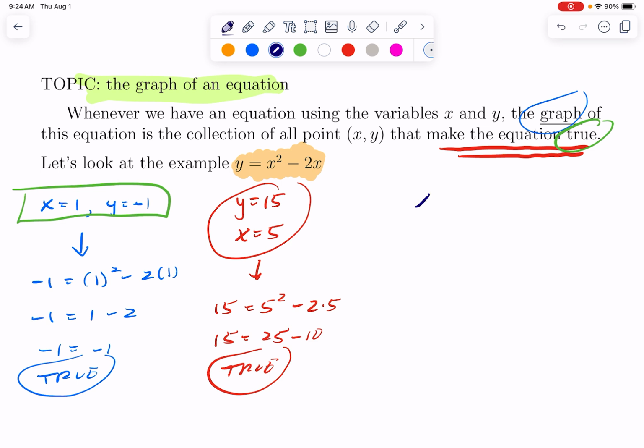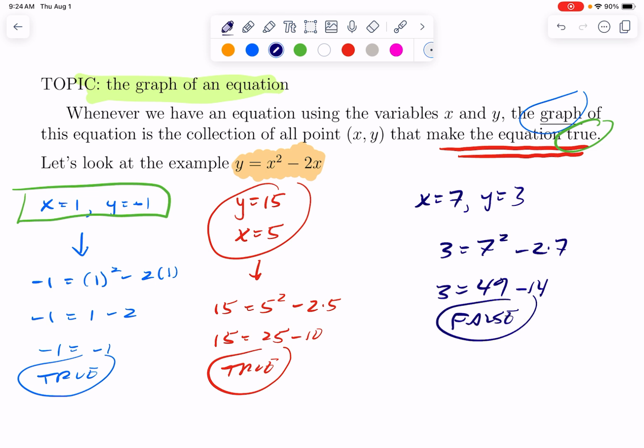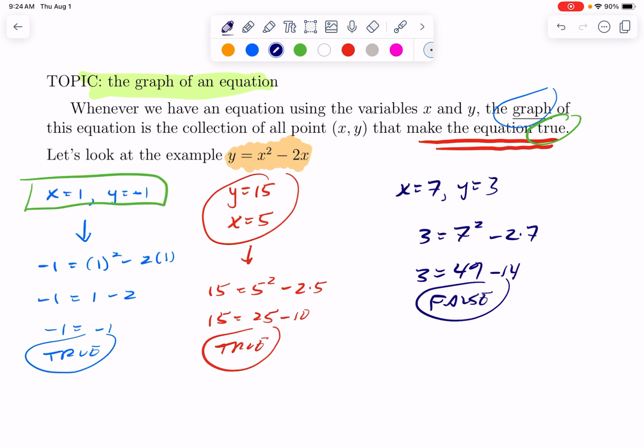What if we had x equals 7 and y equals 3? 3 equals 7 squared minus 2 times 7. 3 equals 49 minus 14. This is false. So what we're doing here, little by little, is we're saying some points will be on this graph and some points will not be on this graph.